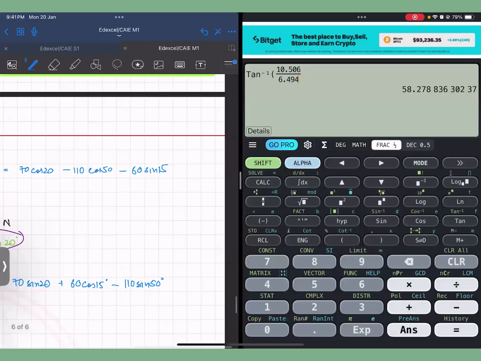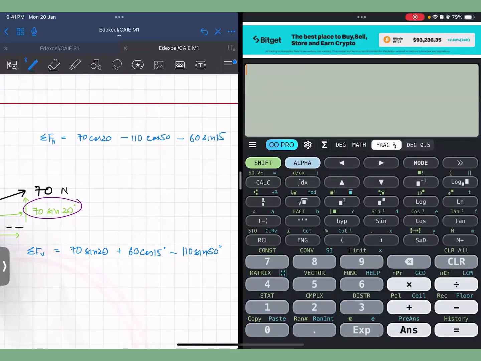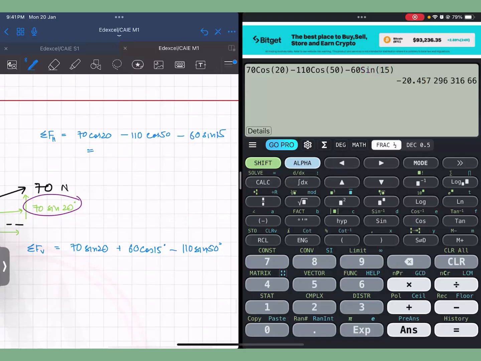You have broken down into components and now you're adding all of the horizontal ones and the vertical ones. So 70 cos 20 minus 110 cos 50 and minus 60 sine 15. So you're getting minus 20.457 Newton in the horizontal direction.